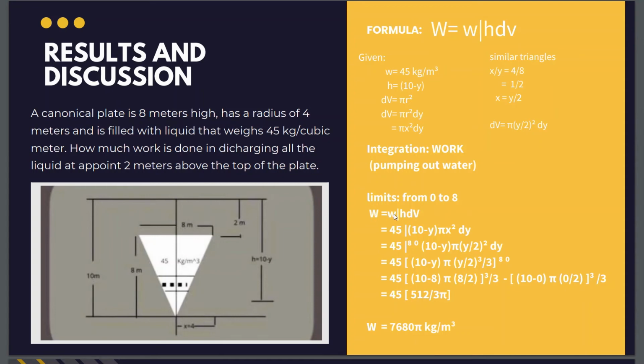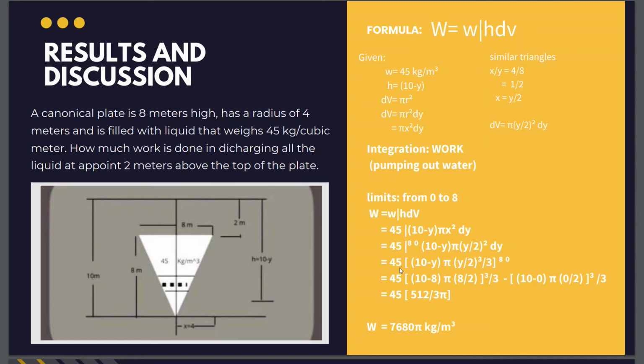Let's evaluate. 45 times the integral of our height, 10 minus y, times pi x squared dy. Let's put our limits. We have 45 times the integral of 10 minus y times pi times y over 2 squared dy, from the limits of 0 to 8.